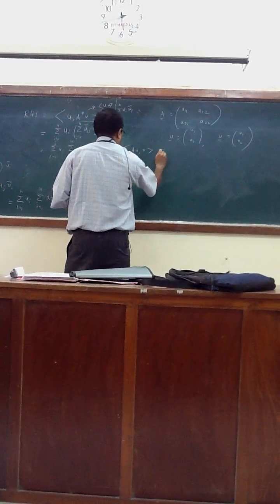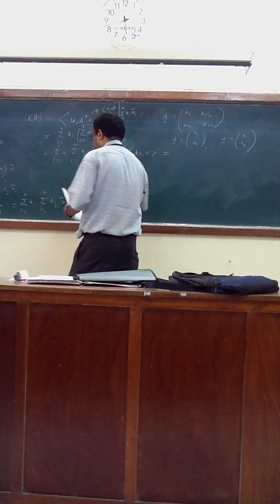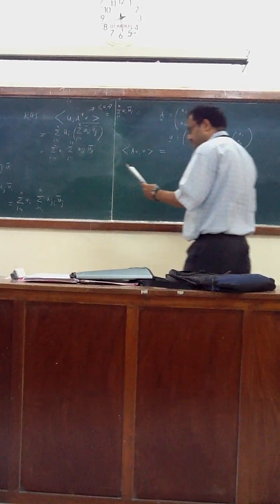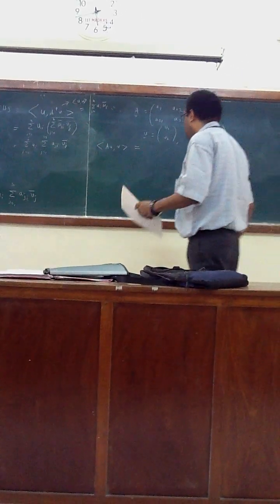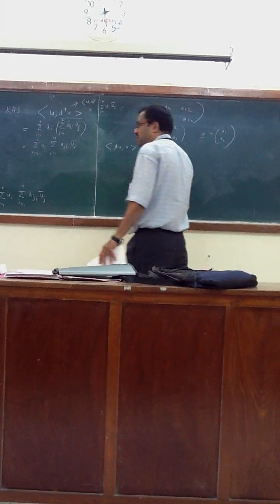AU, V. What should I write? You have got the formula here, and all are real, so you don't have to worry about bars. What will be my formula for the left hand side?